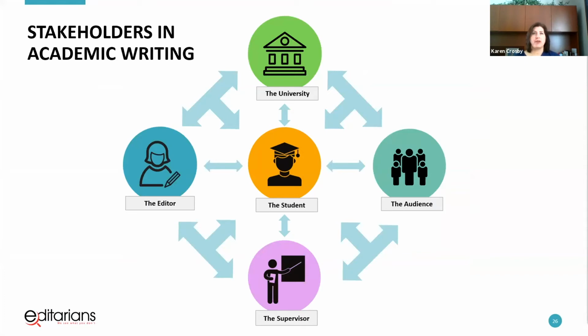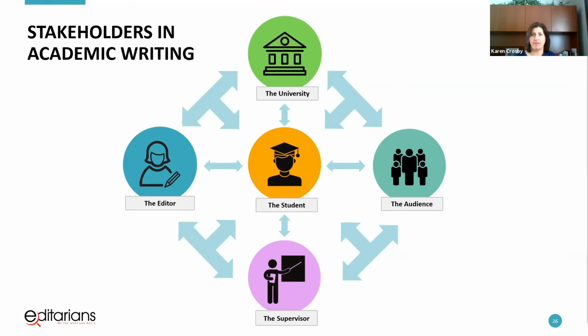There's a place for editors to support academic writers and scholarly writers generally in producing polished work that upholds ethical principles, that meets supervisor and university expectations, that ultimately reads well for a wider audience, provided that the editing doesn't become cheating.